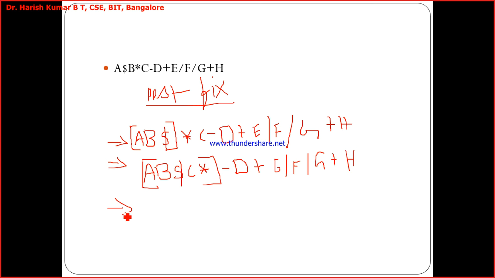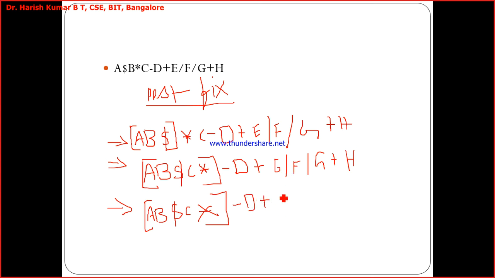Next, which one will you evaluate? Division. This first division, E by F. Correct? No? No, I'll write it. I'll write this as it is now. So I think I have to write a little smaller. ABC, AB dollar, C star, and then minus D I'll write as it is, and plus also I'll write as it is.